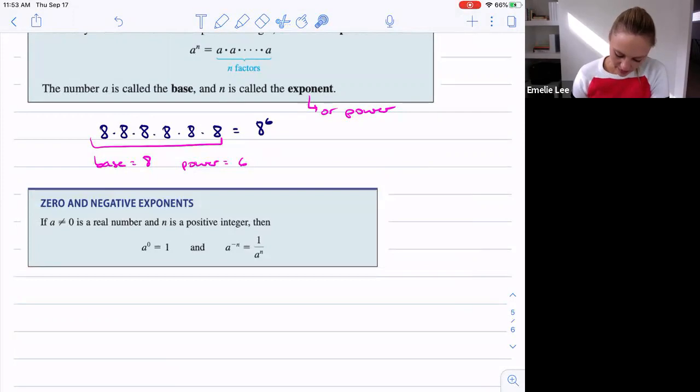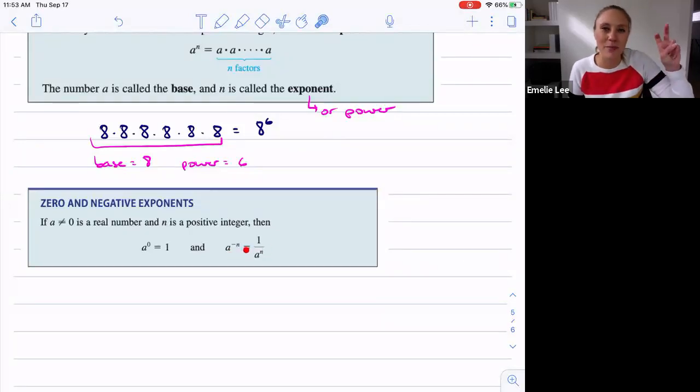So if I've got a negative exponent, then a to the negative n is the same as 1 over a to the power of n. Notice that by bumping it down to the denominator, we lose that negative, because that's what the negative is saying, that it's in the denominator.